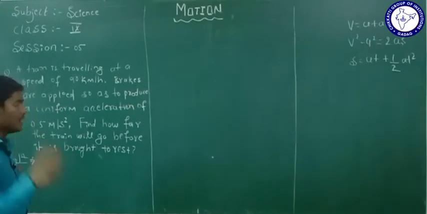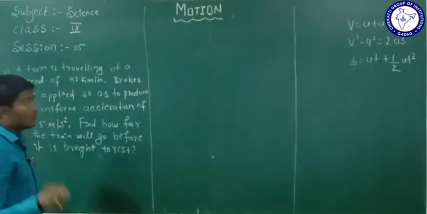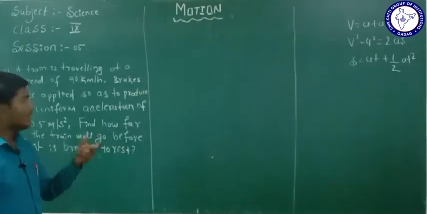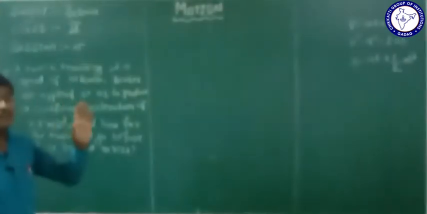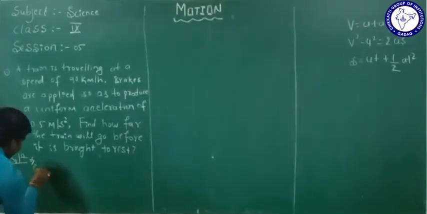That is nothing but s. So write down here what is given. We are going to apply the brake when the train is moving at the speed of 90 km per hour. Therefore, write down the given data here.